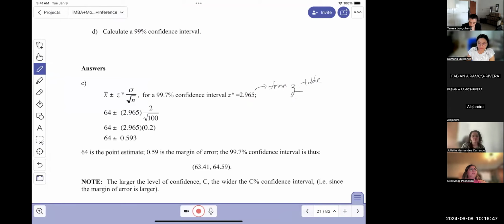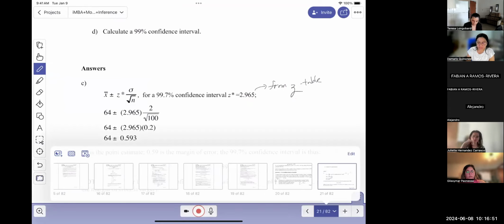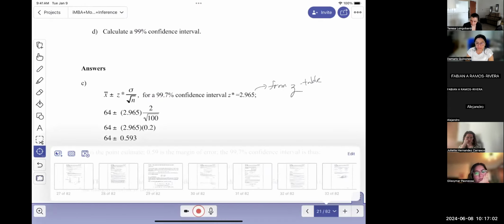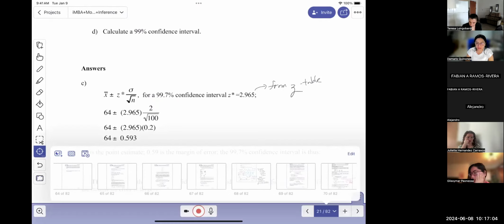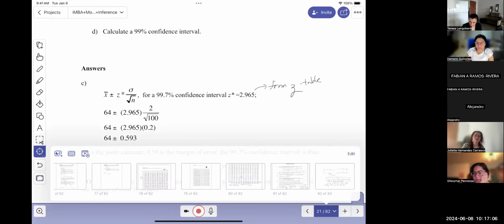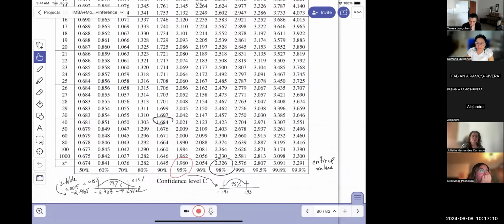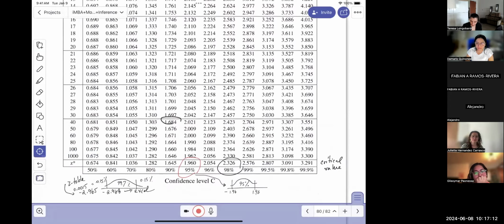So this one, 99.7, is the standard one that we use in talking about the normal distribution. But it's not here. There's 99.5, the 99.8, 99.7 is in between, so we don't find it here.